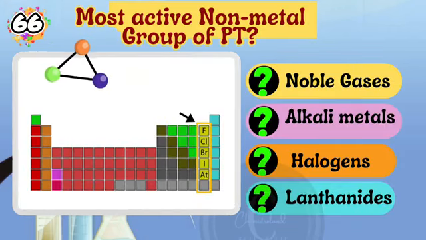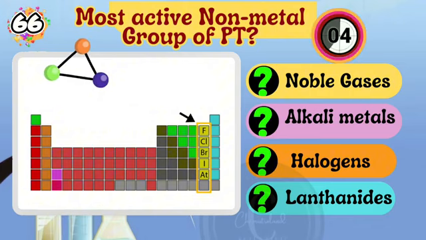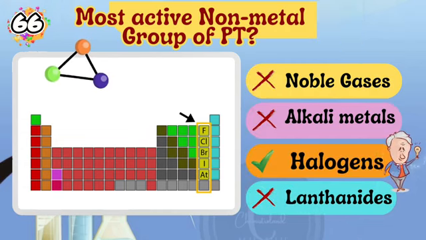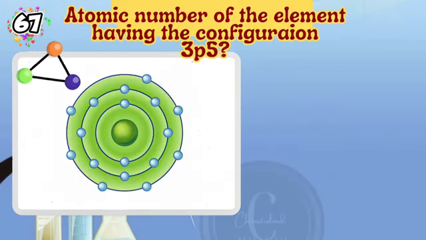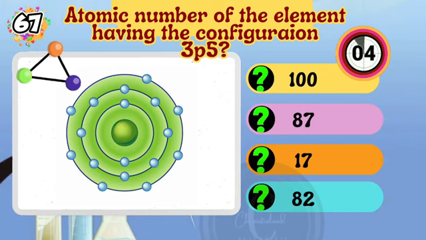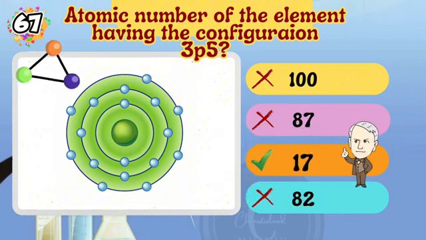Most active non-metal group of the periodic table is? Halogens are most active group. What is the atomic number of element having the configuration 3p5? Atomic number 17 and element is chlorine.